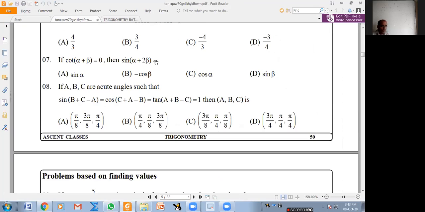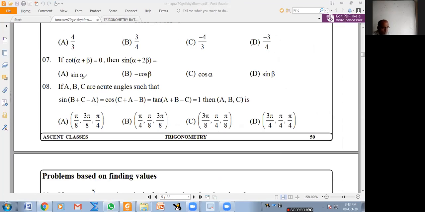Okay, seventh question. Cot of (alpha plus beta) is 0. When is cot of something 0? Anybody? When is cot of (alpha plus beta) 0? I'm asking.